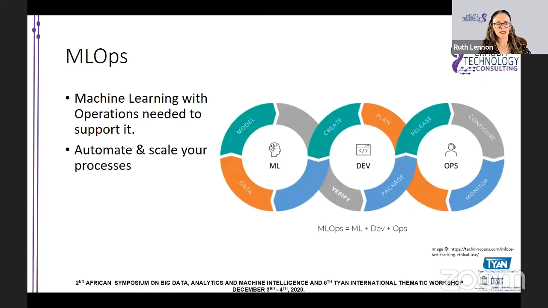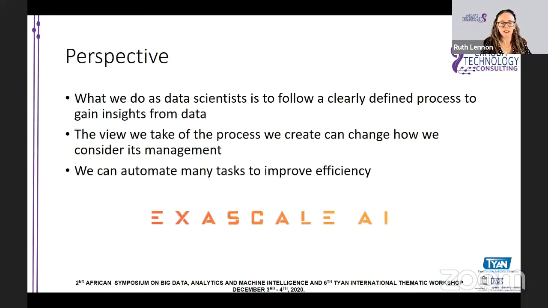ML Ops is machine learning operations. If we try and phrase all of this up into a single term, you'll often hear the term ML Ops, but obviously it can be wider than just machine learning. If we look at the perspective, what do we do as data scientists? What are we doing that's different?